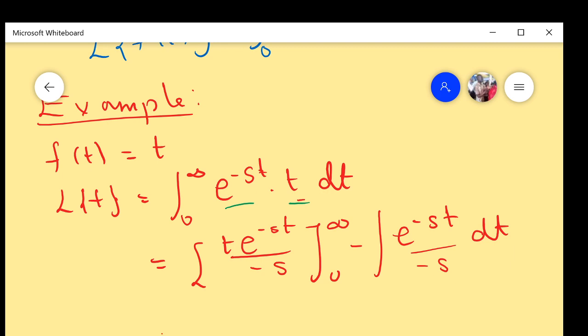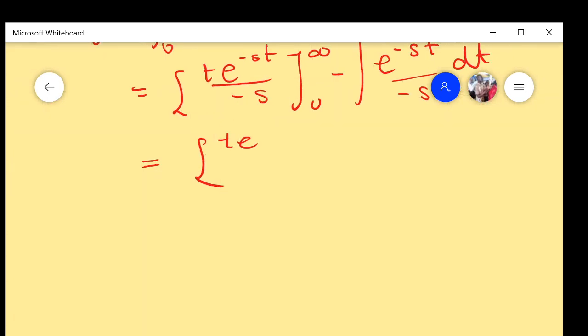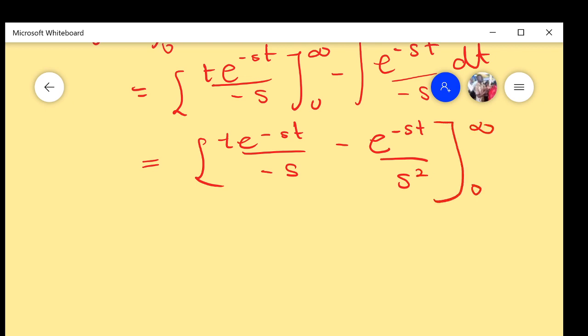From here, what do I have? I have t e to the power minus st over minus s, minus e to the power minus st over s squared, from 0 to infinity.